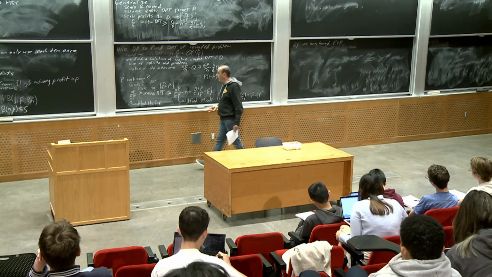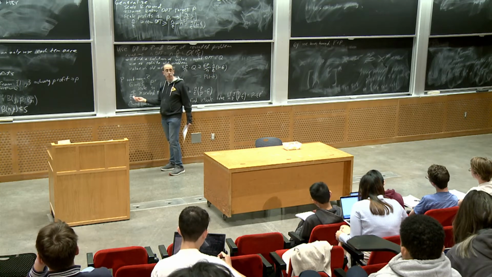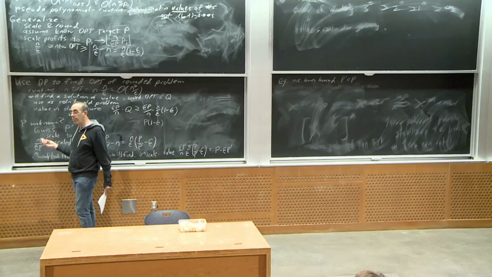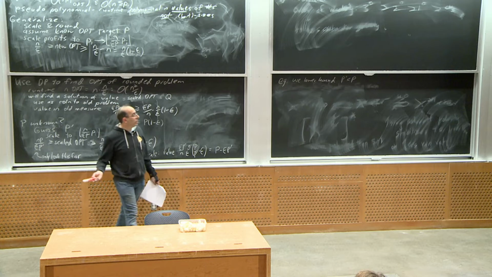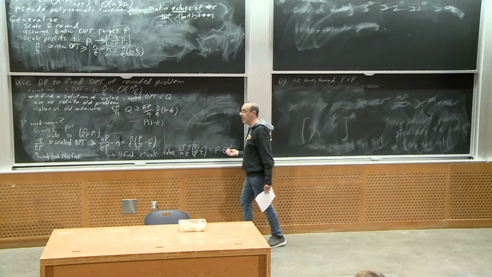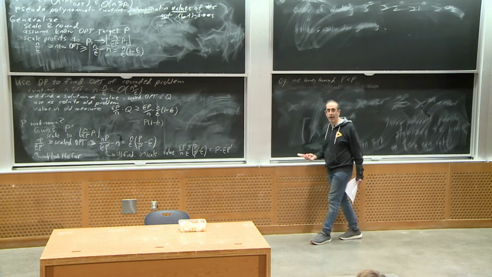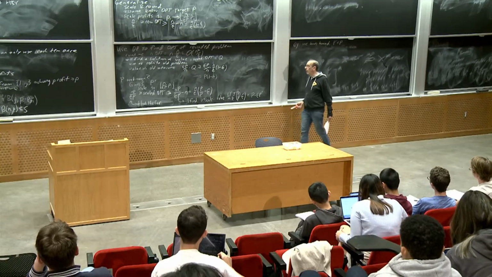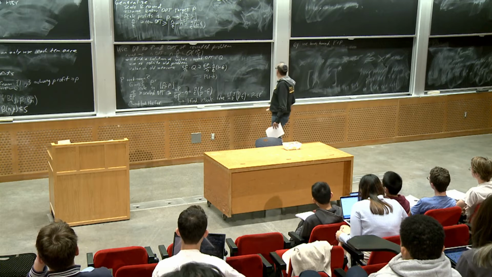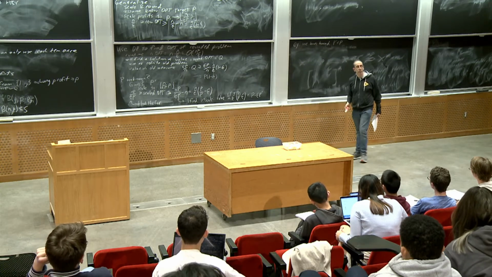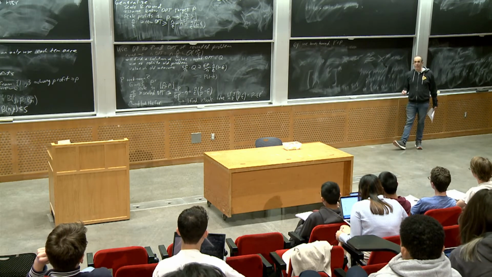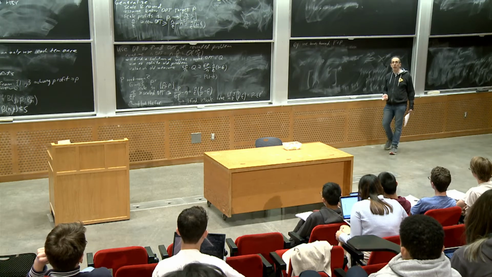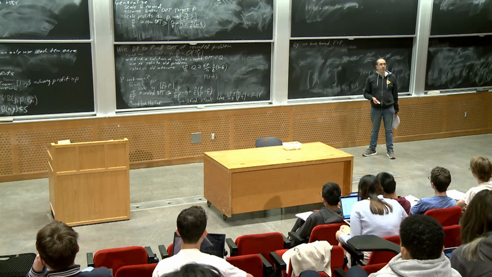The problem is that if our lower bound is loose, then this p over p prime factor is going to make us very slow, right? So we want a lower bound in order to get a good approximation factor, but we don't want the lower bound to be too bad. So any thoughts on what might be a decent lower bound? Something that definitely is a lower bound, but is hopefully not too far from opt.